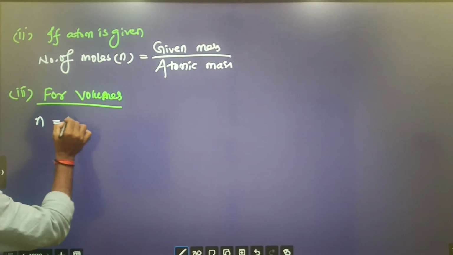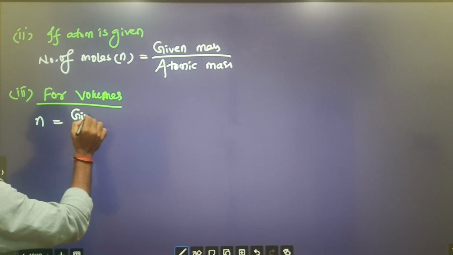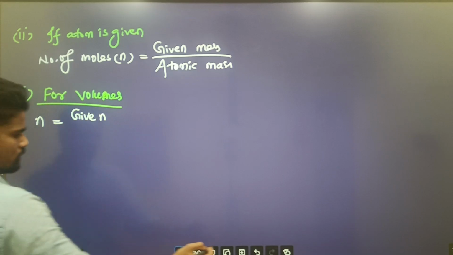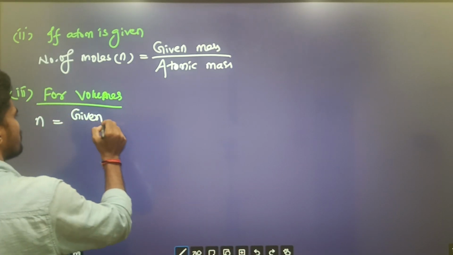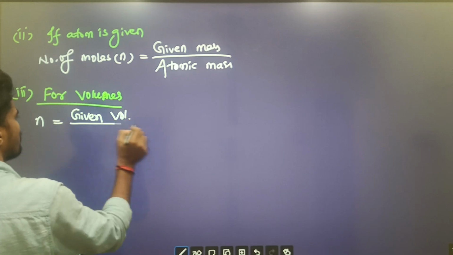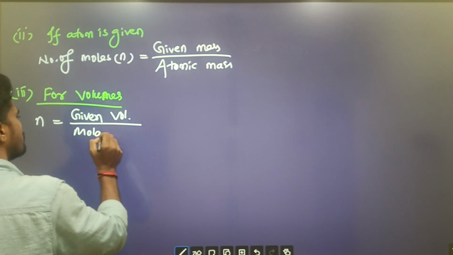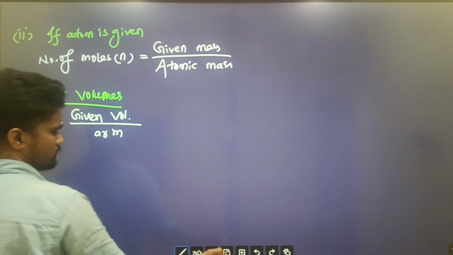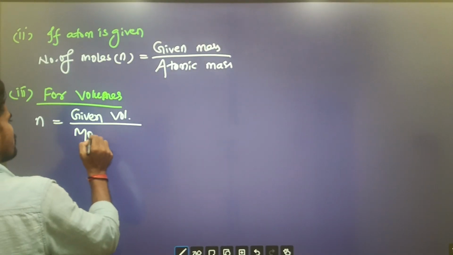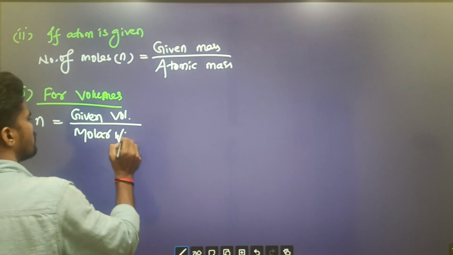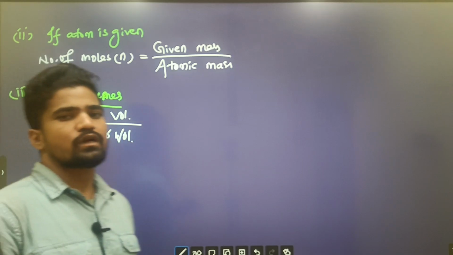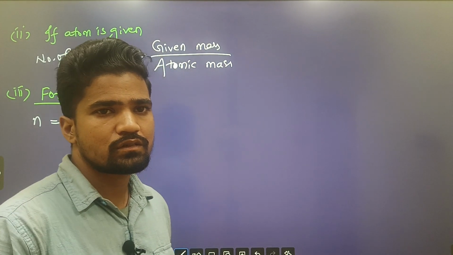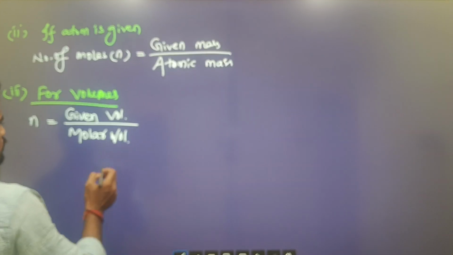So for volume, number of moles equals given volume upon molar volume. So molar volume means what? Volume of one mole of substance is called molar volume.